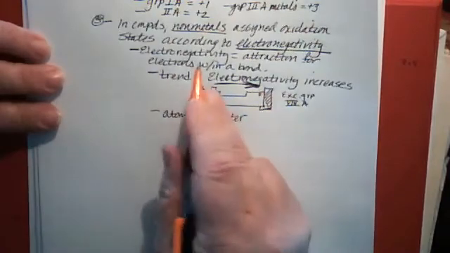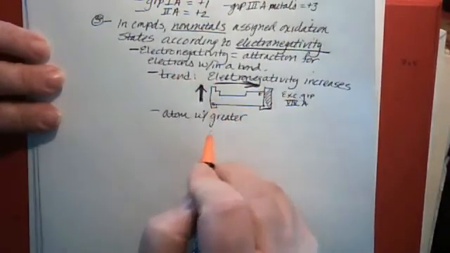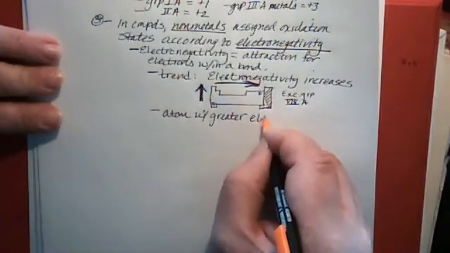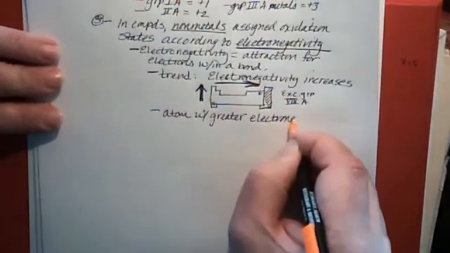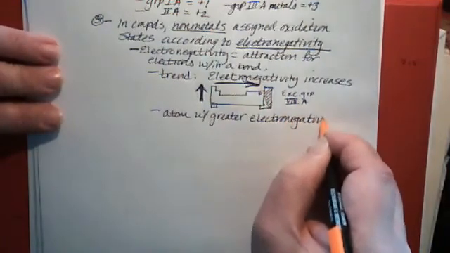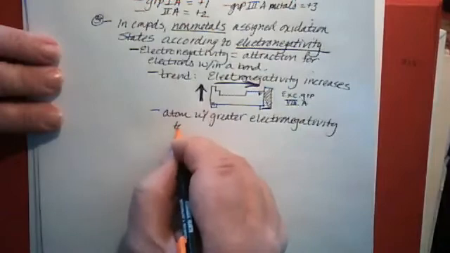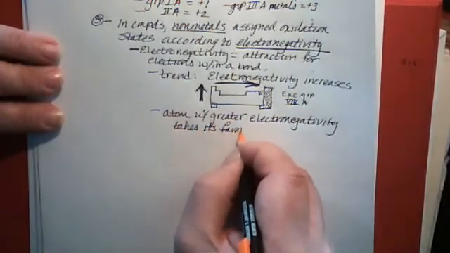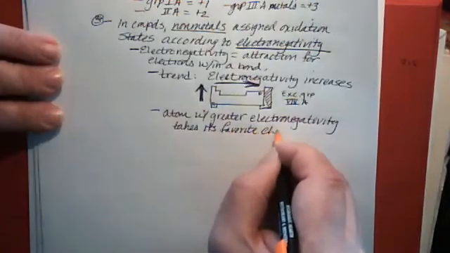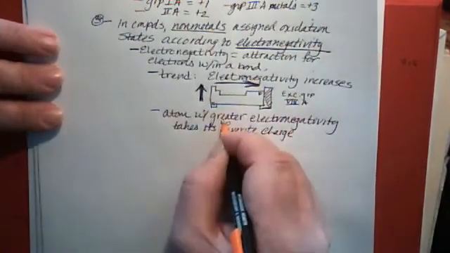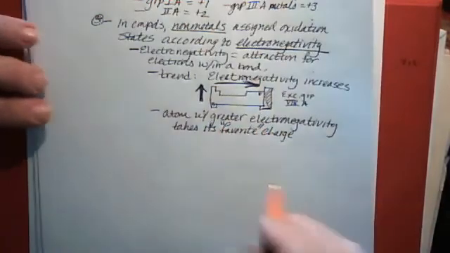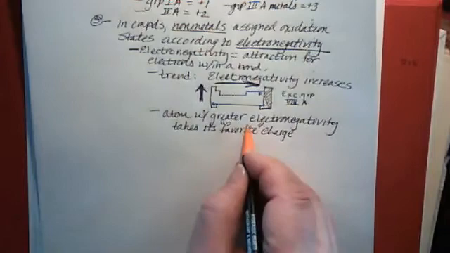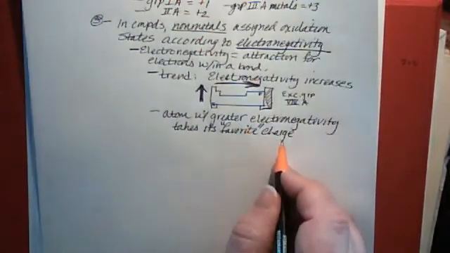So in molecular compounds where you're dealing with nonmetals, the atom with the greater electronegativity gets to take what you might think of as its favorite charge.